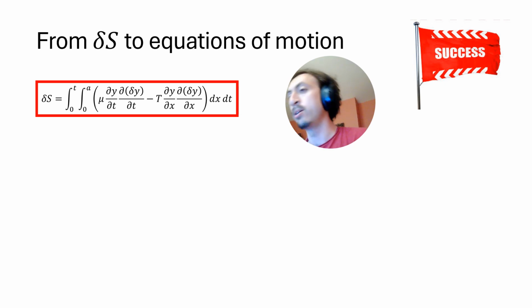That way, the change in the action delta S will equal the double integral, I should say, of zero. But zero, when integrated any number of times, will give you zero, so you'll end up with the variation of the action is zero.